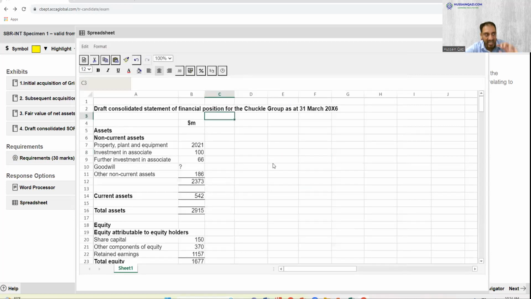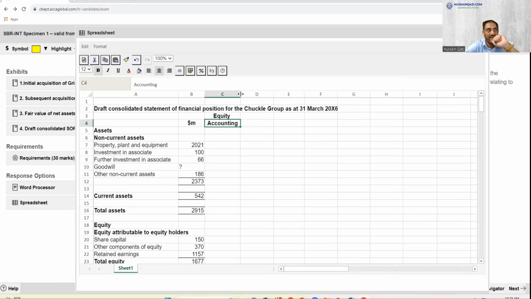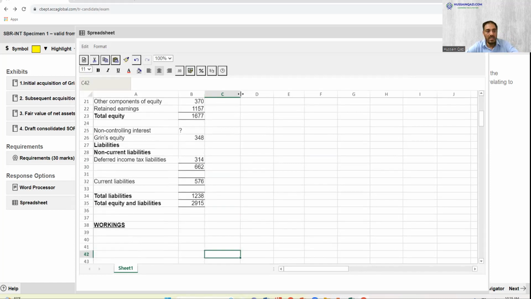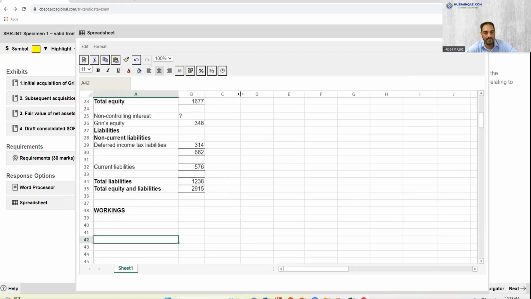So first adjustment, that is equity accounting. For equity accounting, definitely you need to make some working here. So put some working here for the equity accounting. Working one.